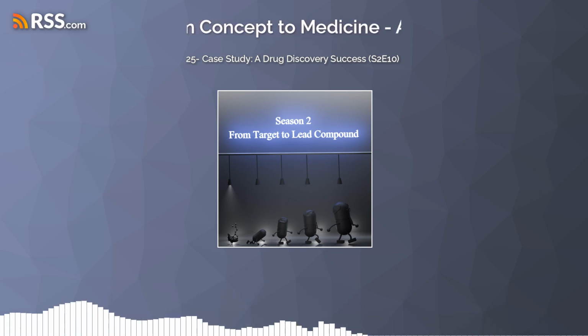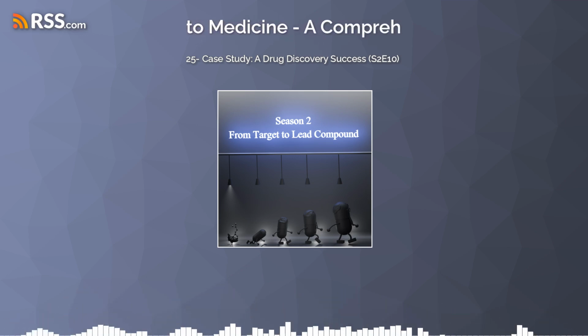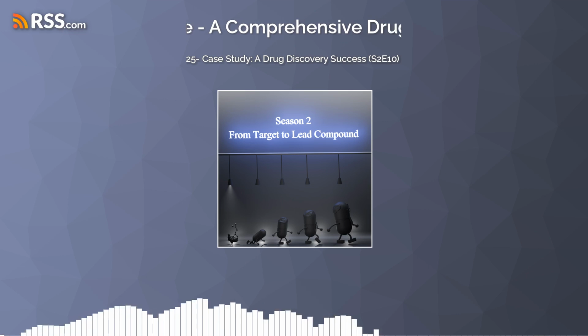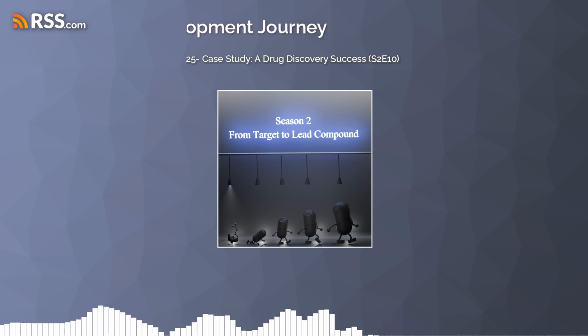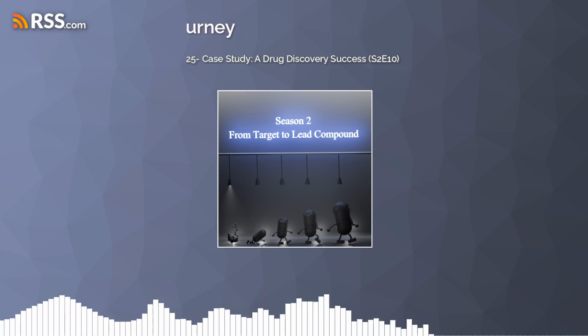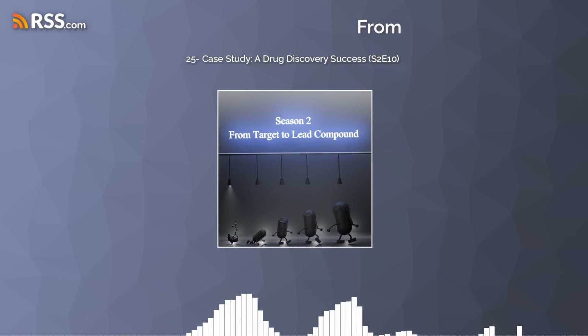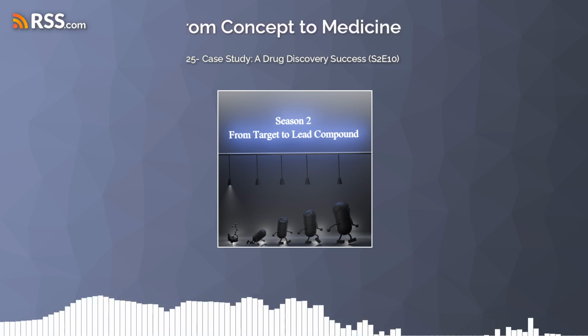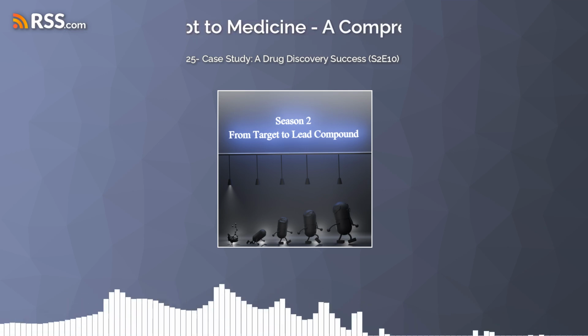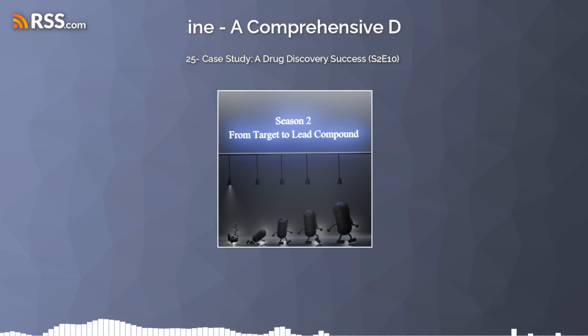And this approach has been incredibly successful. HAART has significantly reduced the incidence of AIDS-related deaths and has dramatically improved the quality of life for millions of people living with HIV worldwide. A testament to the power of scientific research. And a reminder that even in the face of seemingly insurmountable challenges, breakthroughs can happen.